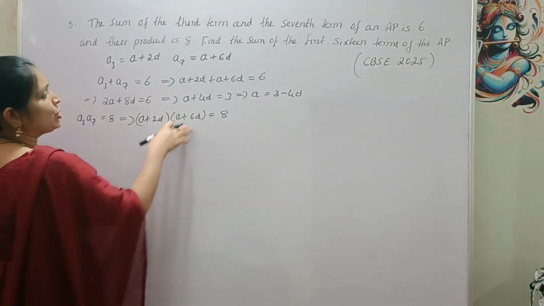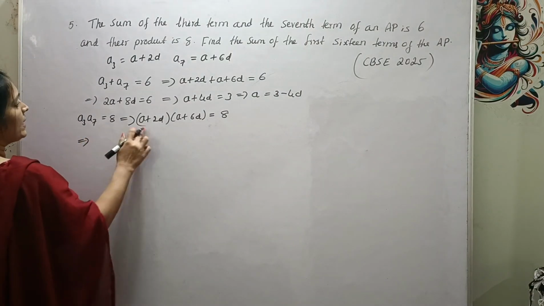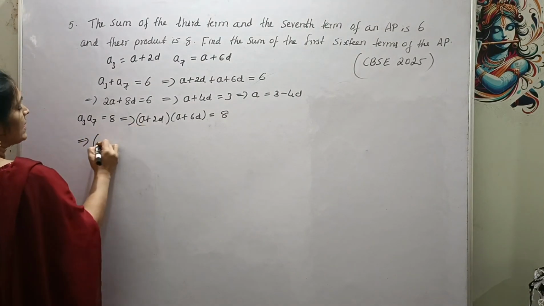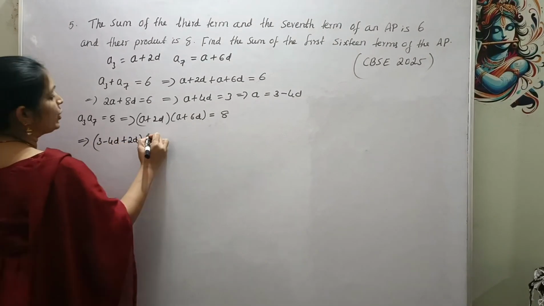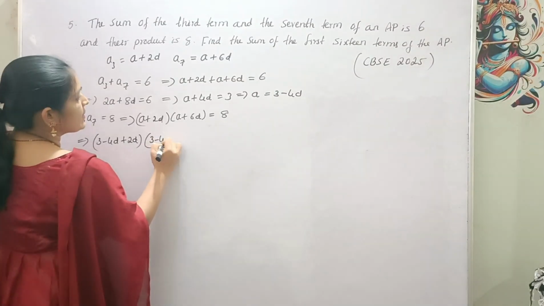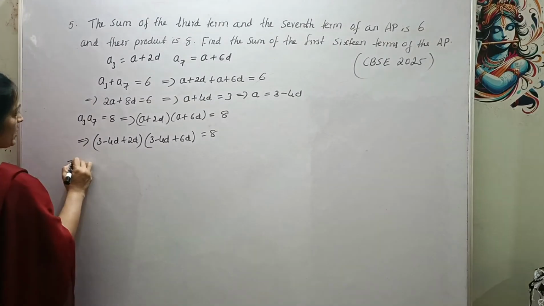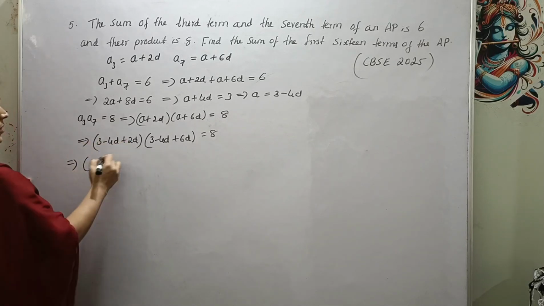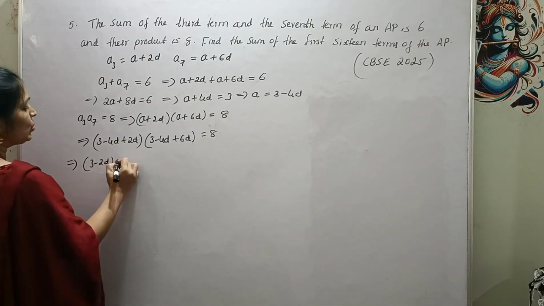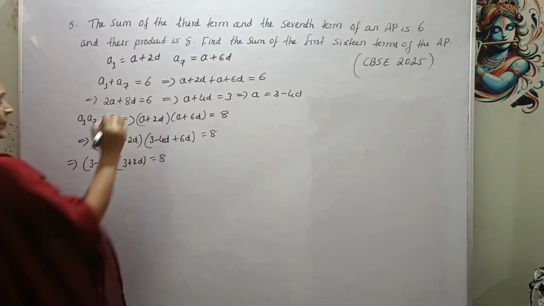Now here we will substitute the value of A. That implies here A is 3 minus 4D plus 2D, into 3 minus 4D plus 6D, is equal to 8. That implies (3 minus 2D) into (3 plus 2D) is equal to 8.